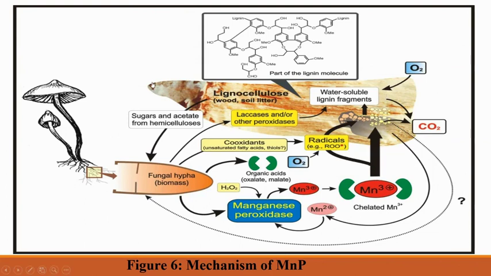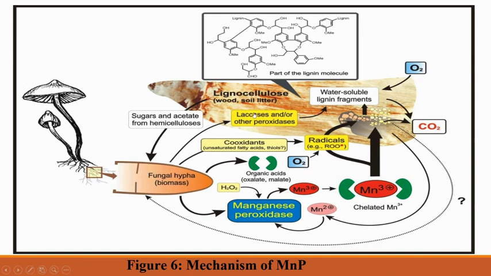Okay, now let's look at what happens at the root of this fungi. At the hyphae of the fungi, you begin to see that sugar, acetyl, hemicellulose, which is part of wood, is being transferred. And what will this organism do?